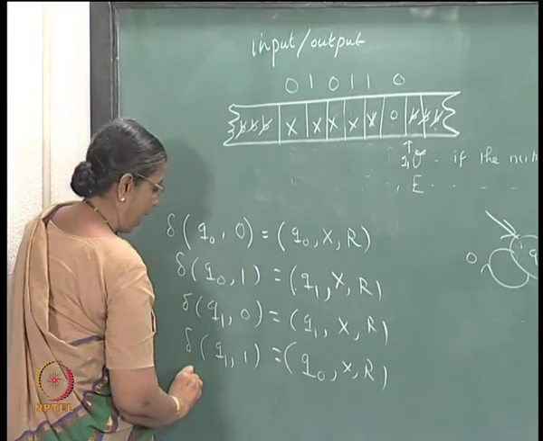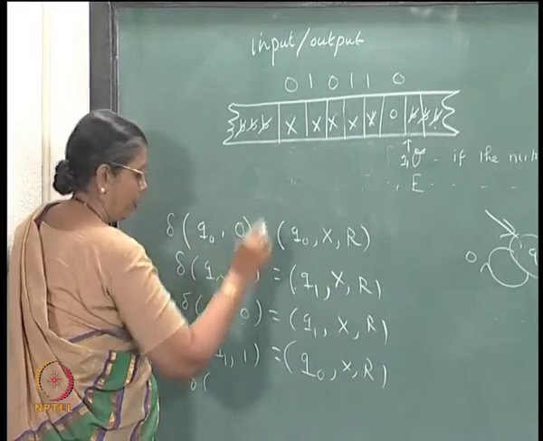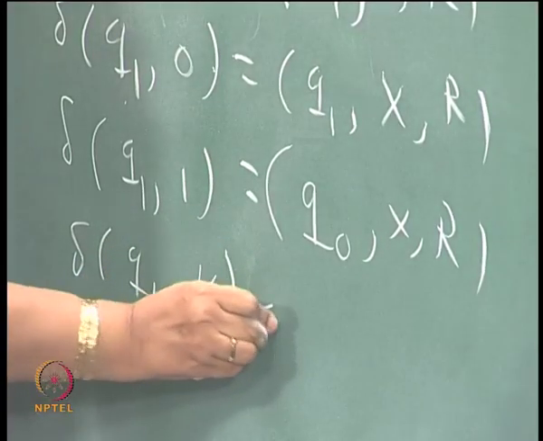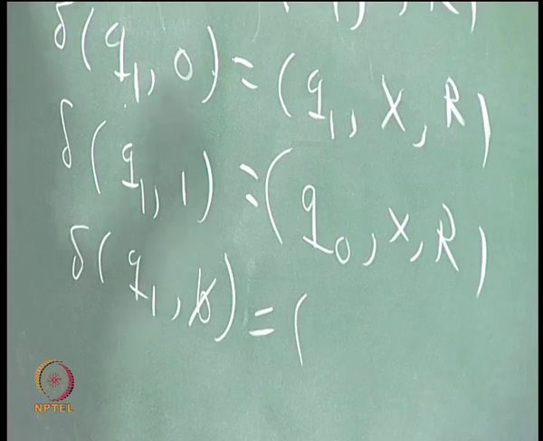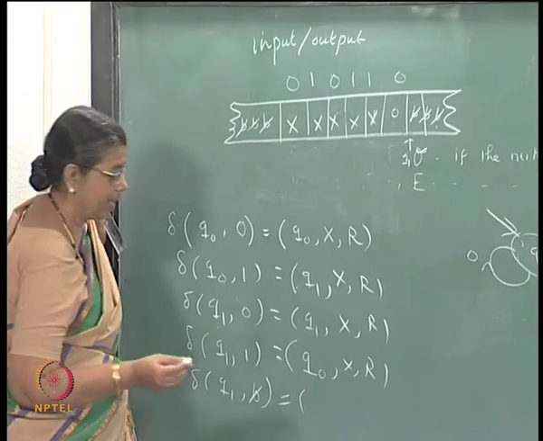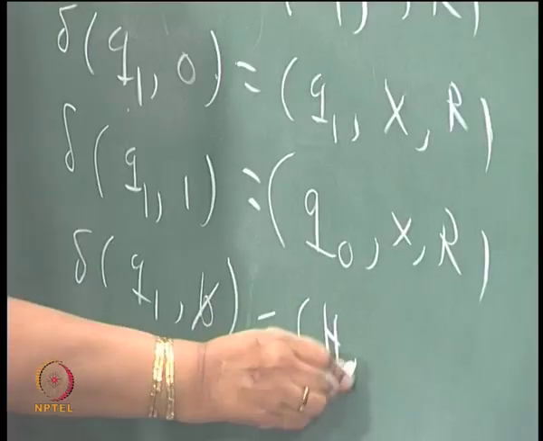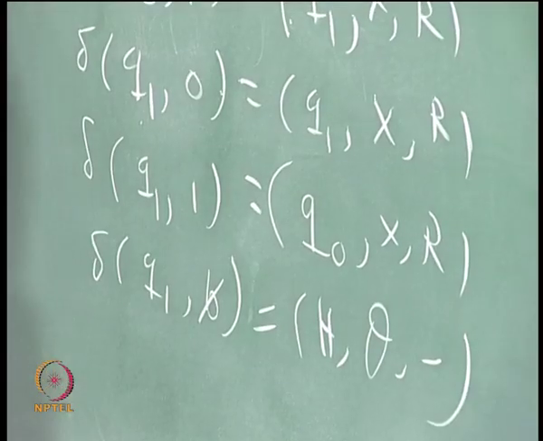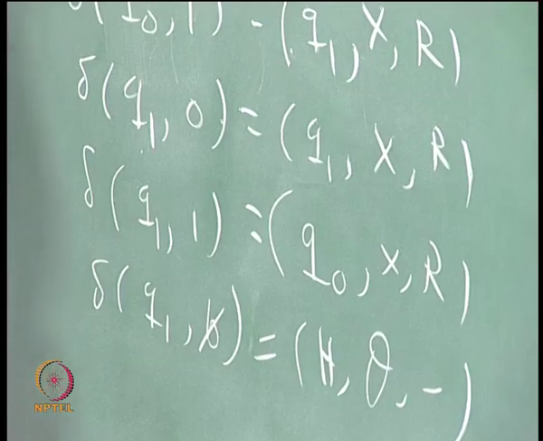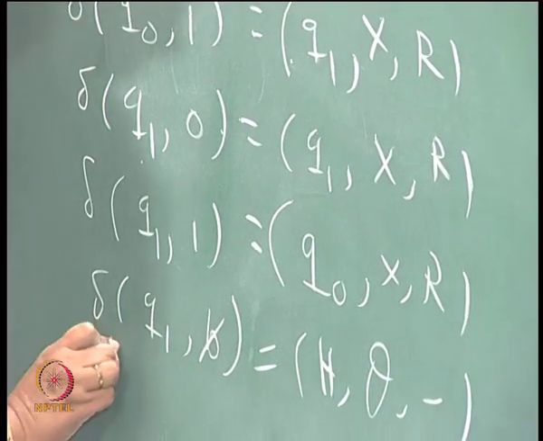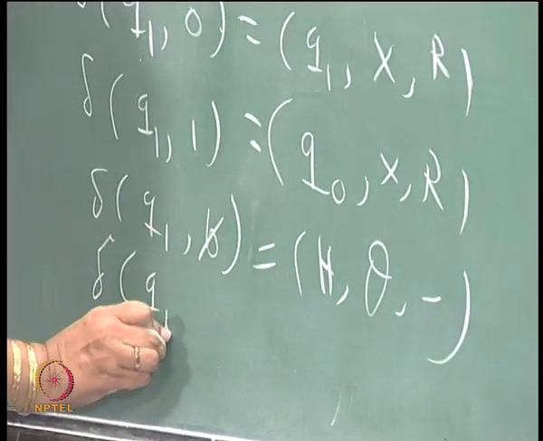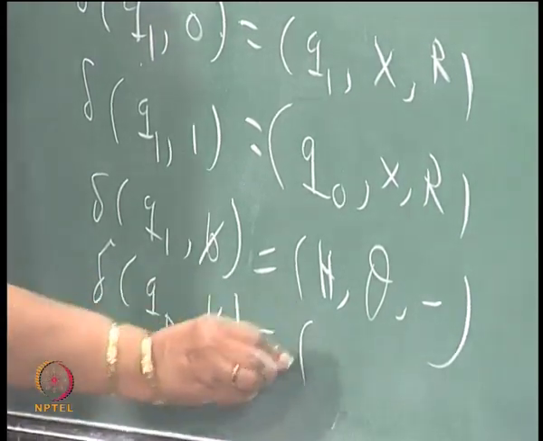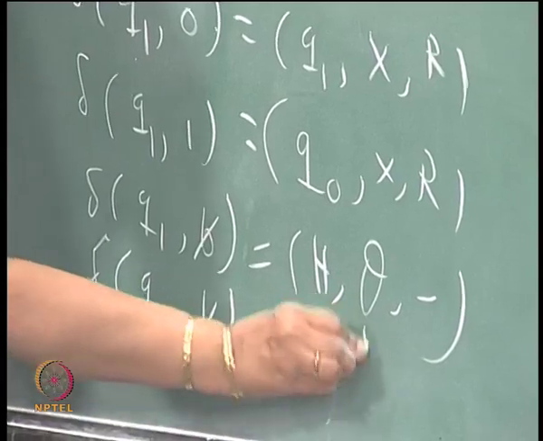The first blank symbol after the input in q1, when it sees a blank symbol, that means it has come across an odd number of ones. So, it will go to the halting state and print an O. In q naught if it sees a blank, that means it has seen an even number of ones. So, it will halt printing an E.